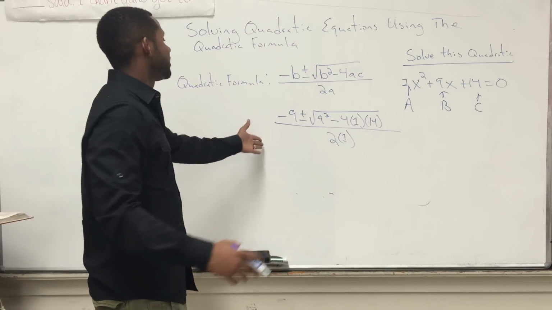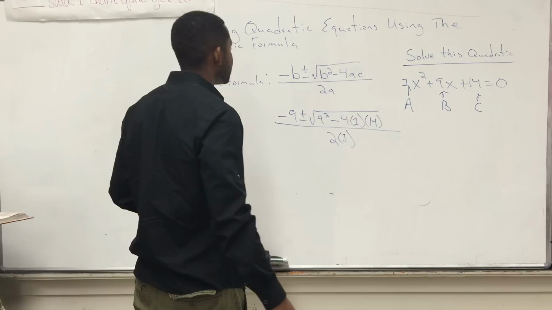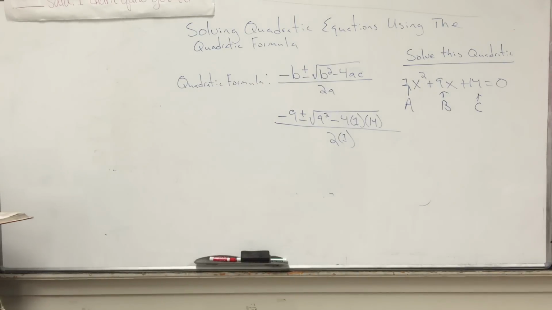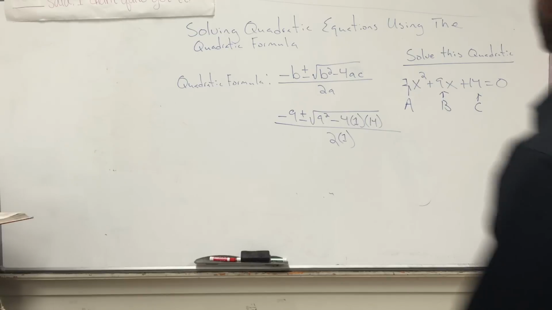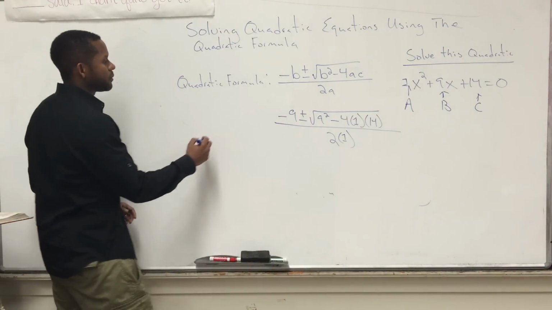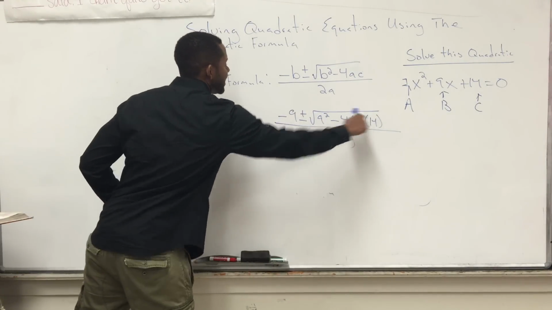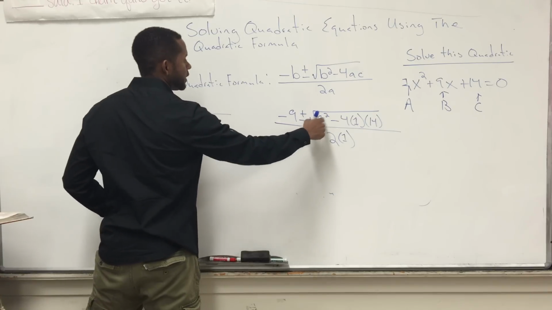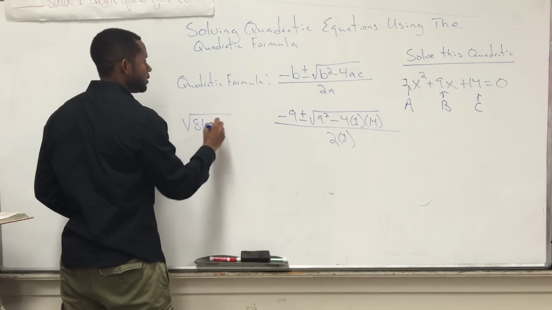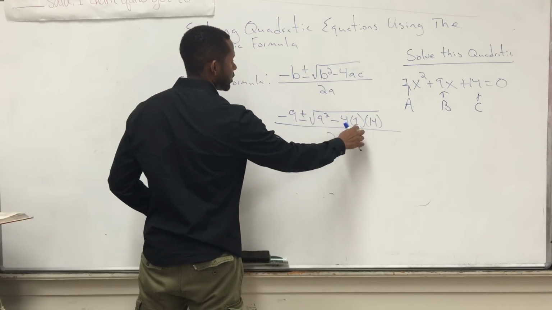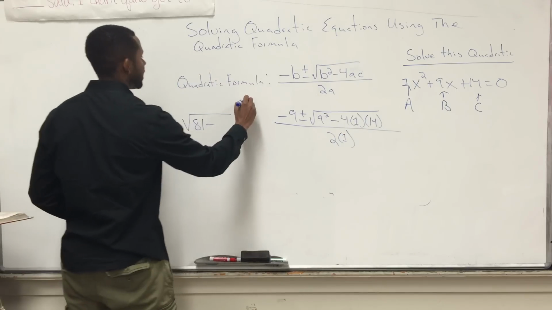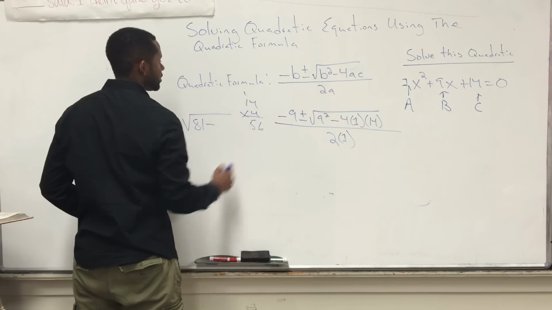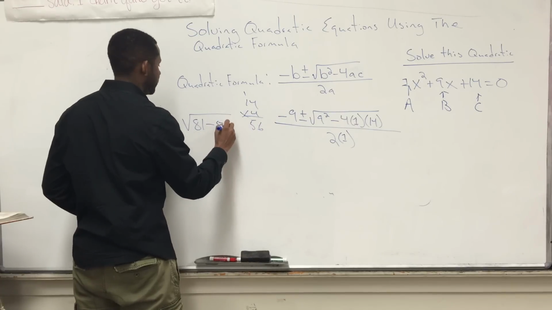So this is what we have. Now we just have to solve this part. I'm going to figure out what's happening inside of here. I'm going to take the square root of 9 times 9, which is 81, minus 4 times 1, which is 4, times 14. 14 times 4: 4 times 4 is 16, carry the 1, it's 56.